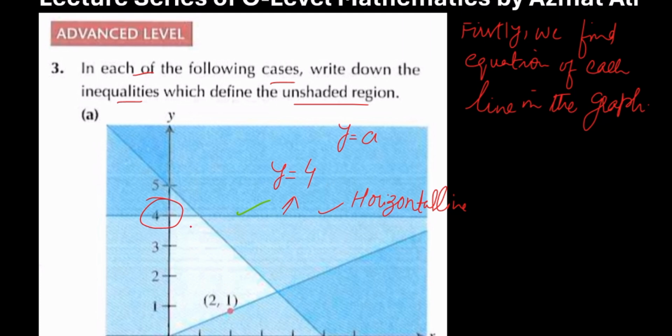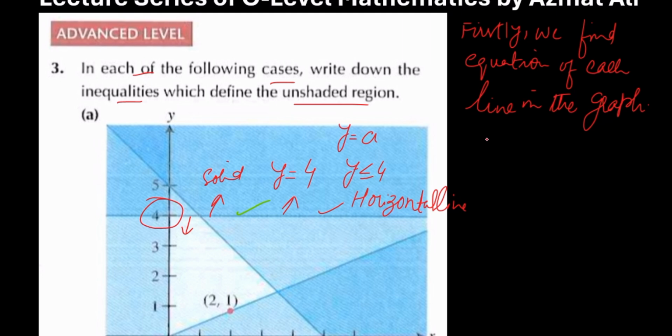Now, as the unshaded region is below this line, the corresponding inequality is y less than or equal to 4, because this line is a solid line, so we will use the less than or equal sign.